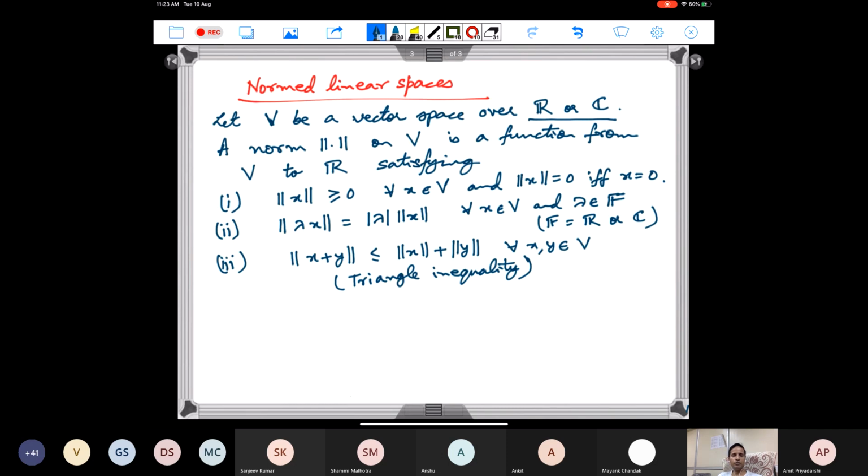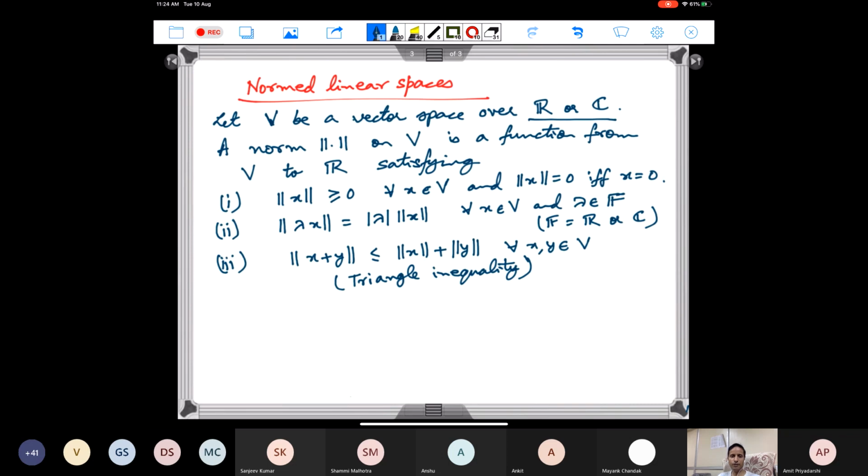If there is a vector space over R or C with a function which is non-negative for all vectors and 0 if and only if x is the 0 vector, and the second property is that the norm of any scalar multiple of x is mod lambda times norm x, and the third is the triangle inequality, norm of x plus y is less than or equal to norm x plus norm y. A linear space is the same as a vector space.